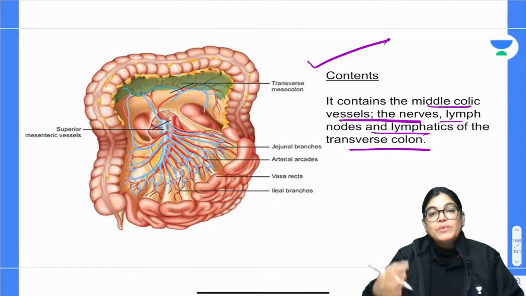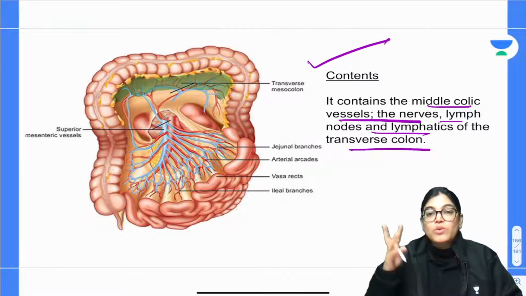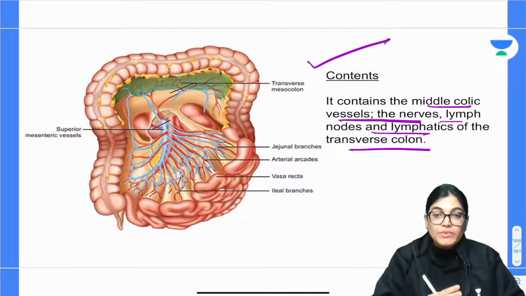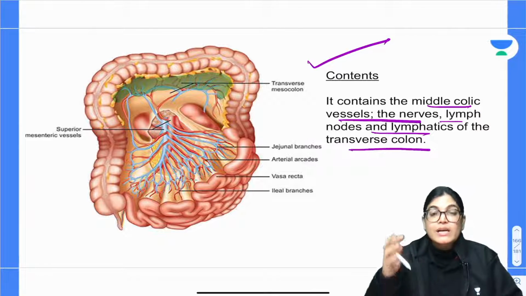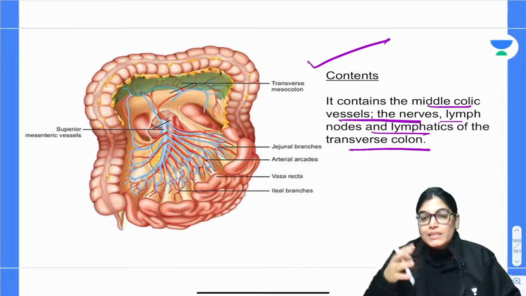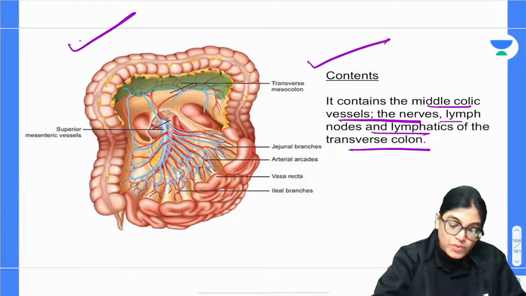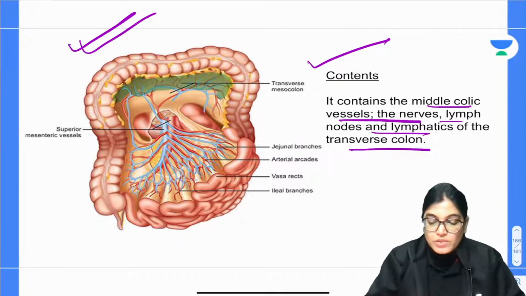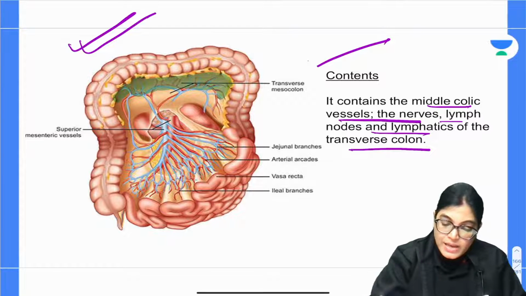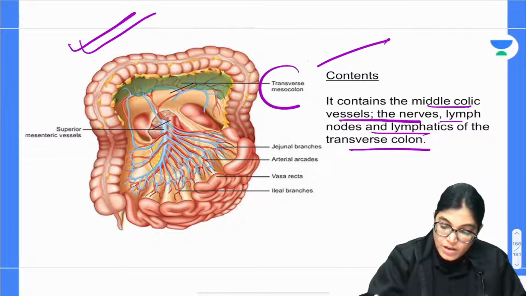So, when we cut through the transverse mesocolon, we are not going to injure any of the vessels giving blood supply to the stomach, or any of the vessels lying in the porta hepatic region, that is the hepatic arteries. That is not going to be disturbed. So, we will go with excision of the transverse mesocolon as the best approach.